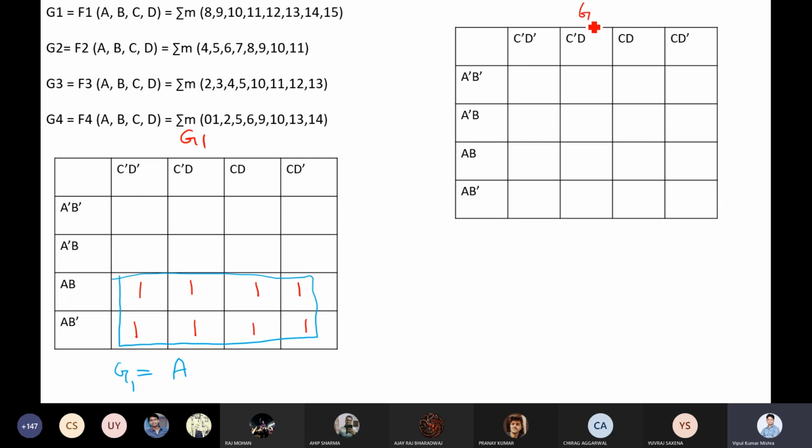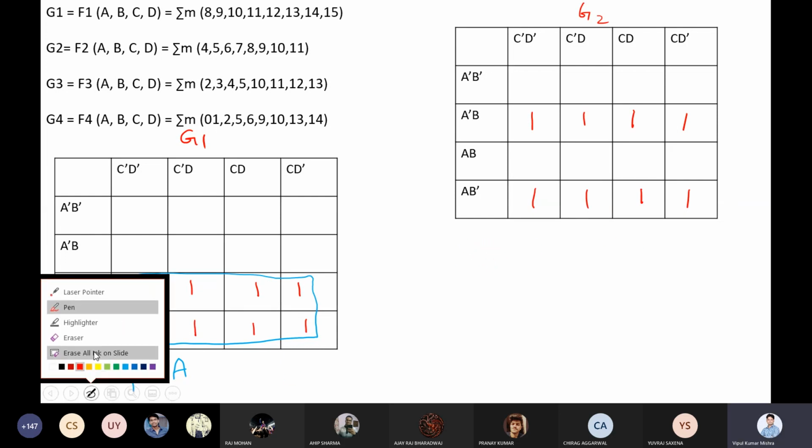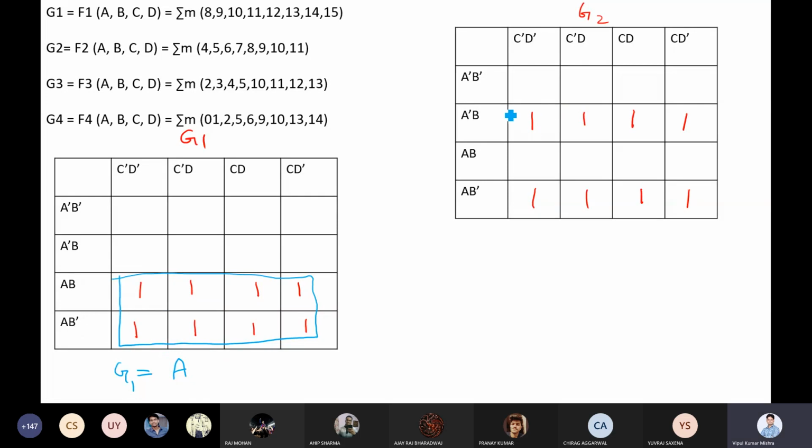Now let us make it for G2 in the second place. So try, what will be the function for G2? Let's first fill it. 4, 5, 6, 7, and then 8, 9, 10, 11. So what will be the function for G2? Make it quickly.